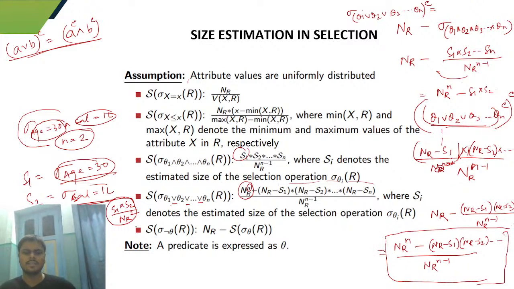Okay, and the final thing is pretty straightforward. If you are going to find the complement of some query, let's say where the age is not equals to 30. What is the not equals to sign in SQL? This is the not equals to sign.